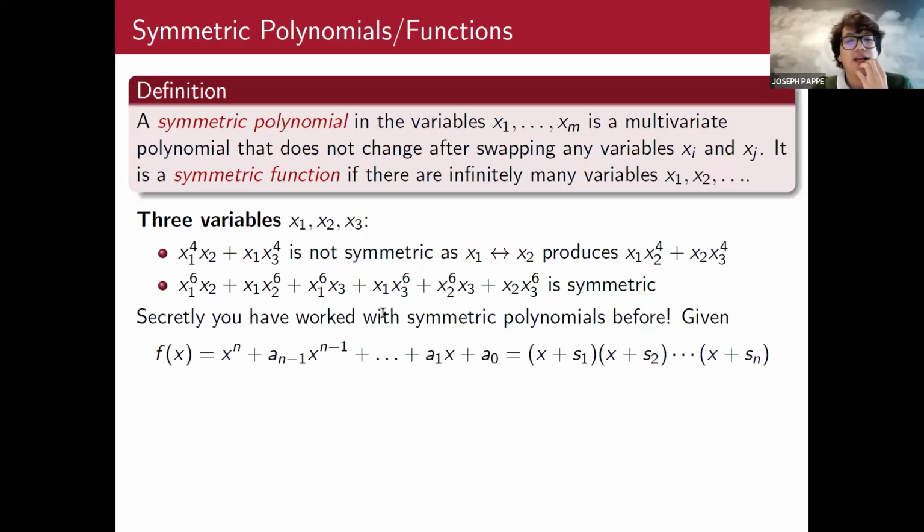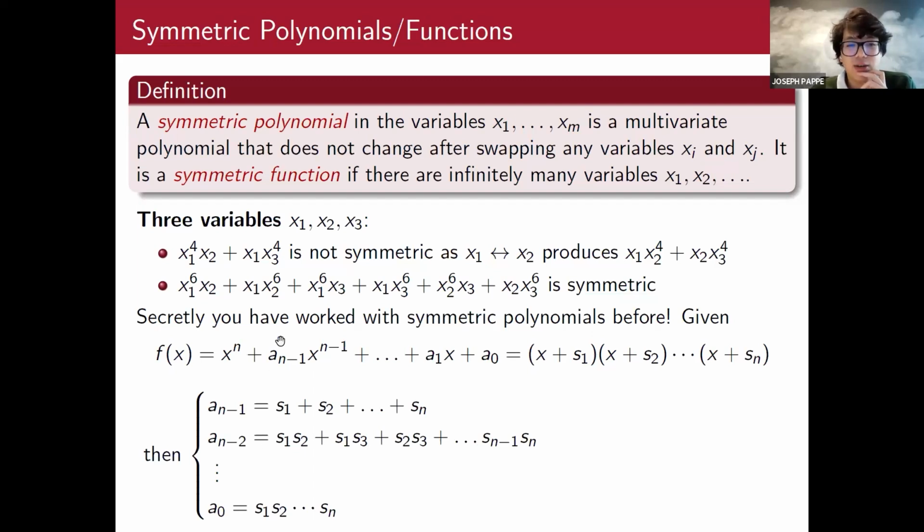That's because if you take a normal polynomial and express it in terms of its roots, or really the negative of its roots, then how are these coefficients related to the negatives of the roots? There's this result by Vieta that says the coefficient of a_(n-1) is equal to the sum of all these negatives of the roots. a_(n-2) is equal to the sum of all products of these distinct roots.